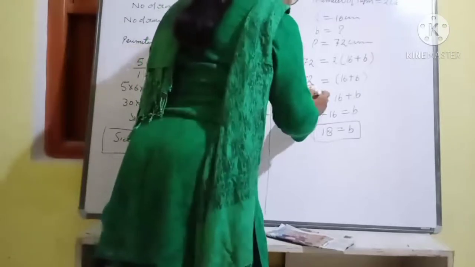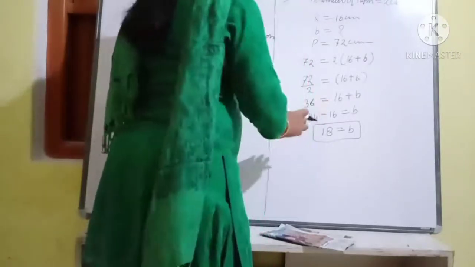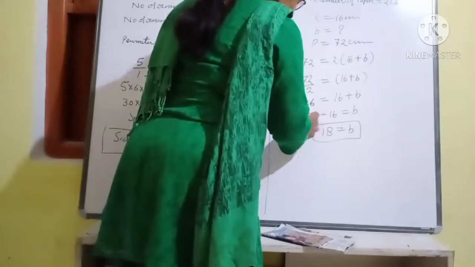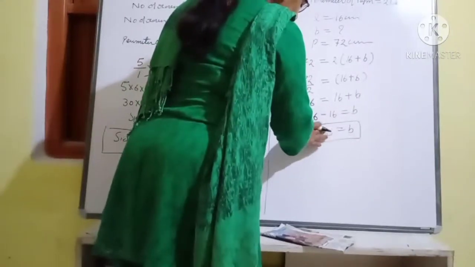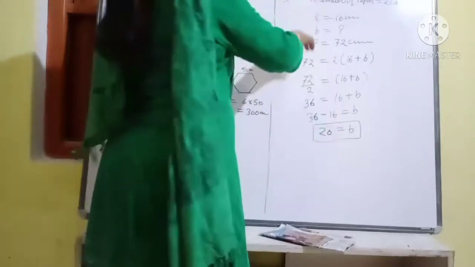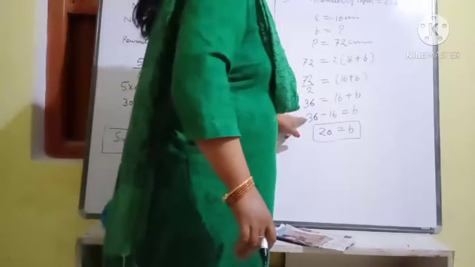Okay, 36 minus 16 will be equal to how much? 20. So the breadth for question number 9 will be equal to 20 centimeter.